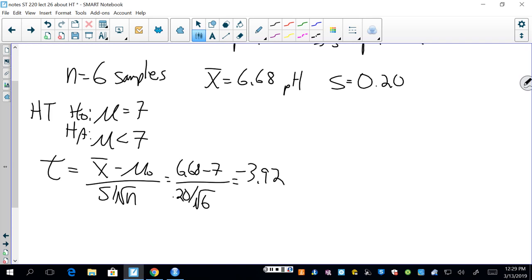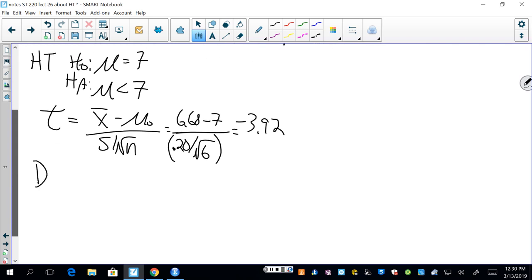That's a pretty extreme value for a t statistic. The distance is just 0.32, and 0.2 divided by the square root of 6 is also a pretty small value. The ratio ends up being almost 4 standard errors below. Degrees of freedom, in this case, is only 5.